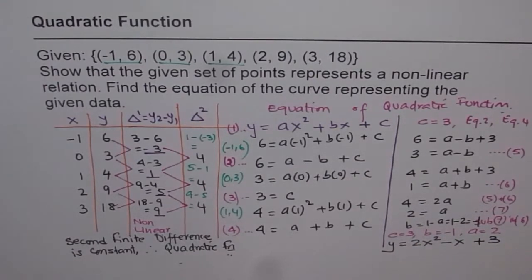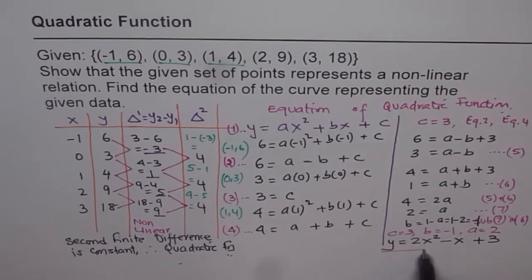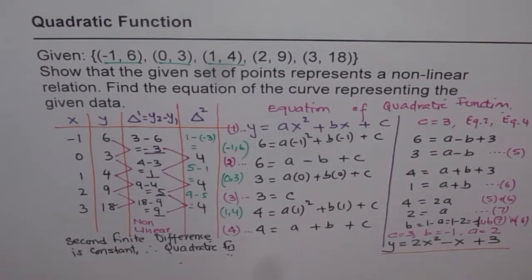So y equals 2x squared minus x plus 3 represents the curve, rather a parabola in this case, which will contain the points minus 1, 6, 0, 3, 1, 4, 2, 9, 3, 18, right? That is how we can get the equation of the curve representing those given points or the data.